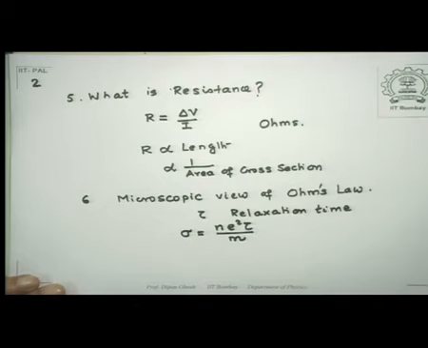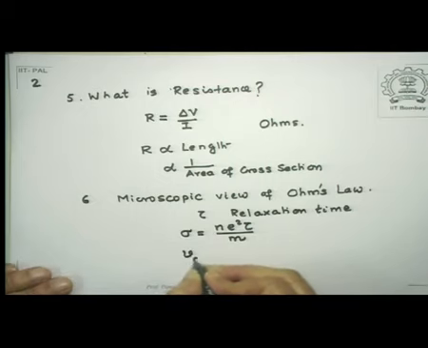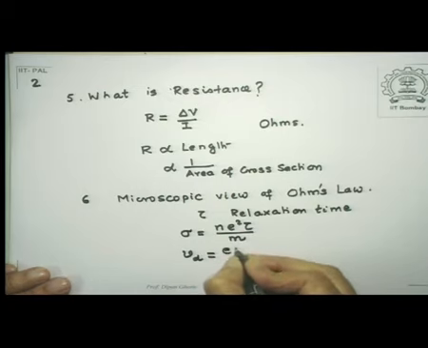And we also found out that there is a relationship between the drift velocity and this relaxation time, which is simply E tau over m.